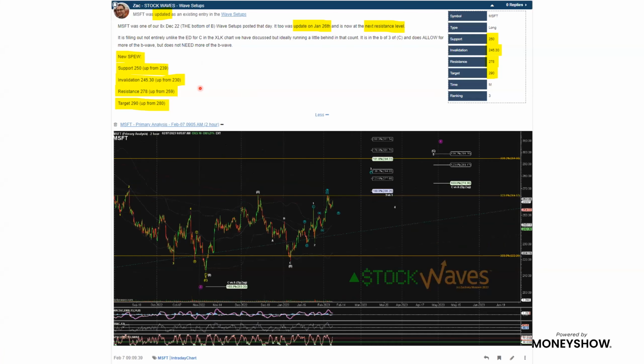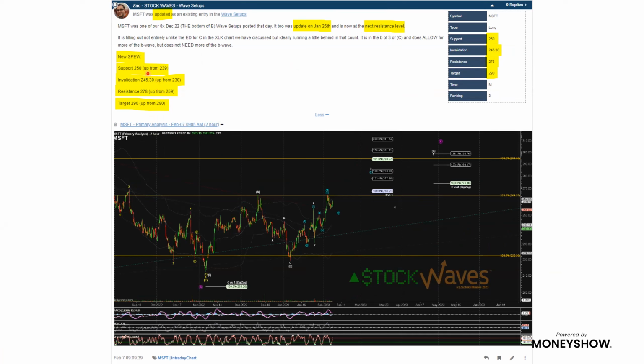So here's a quick look at the update that was posted yesterday. Initially this was updated on January 26th from the original December 22nd wave setup, and then it hit resistance again.